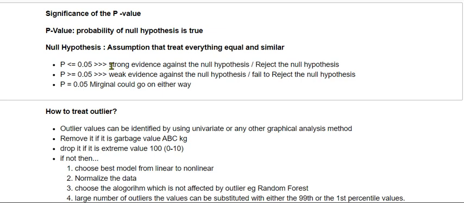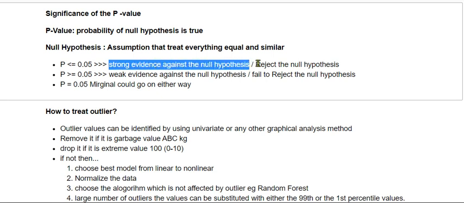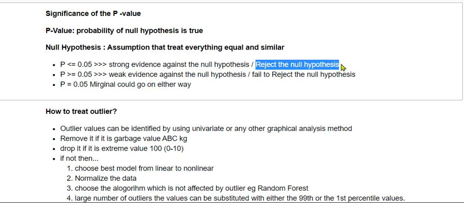Now, when do we reject or accept this null hypothesis? If the probability value is lesser than or equal to 5%, so 0.05, then there is strong evidence against the null hypothesis, and you can reject the null hypothesis.